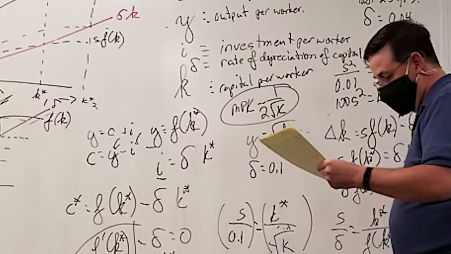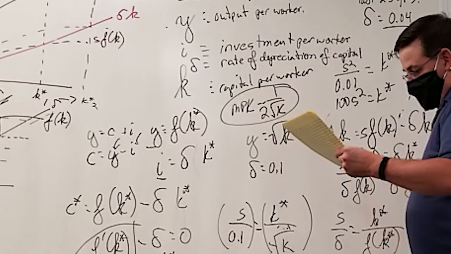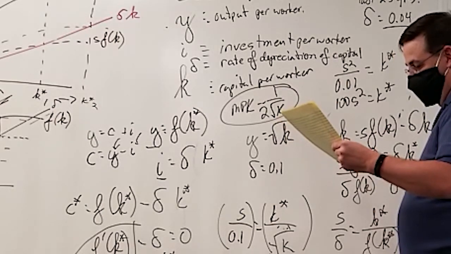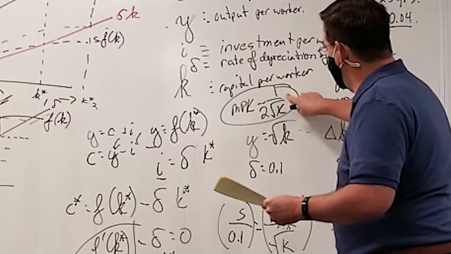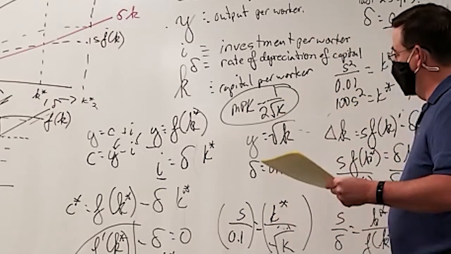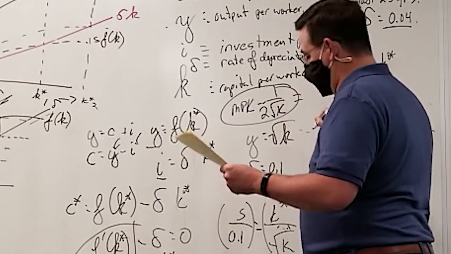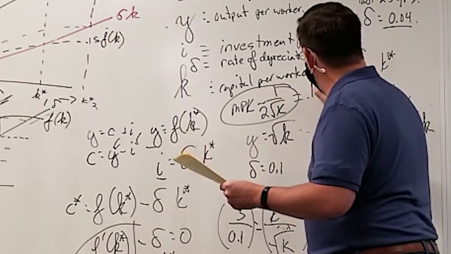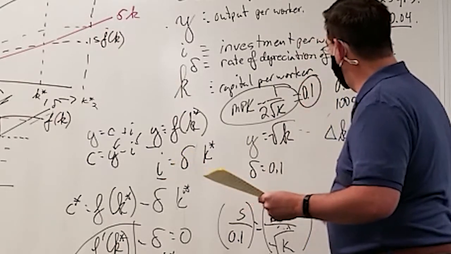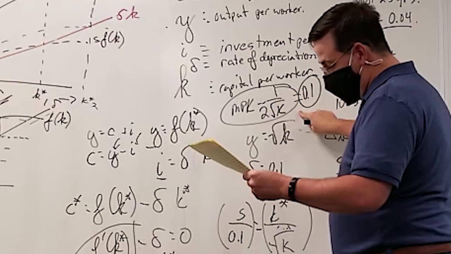I'm getting very messy here and I apologize. If the marginal productivity of capital is equal to 1 over 2 square root of k, and at the golden state that's equal to the rate of depreciation, then I can solve this for k.